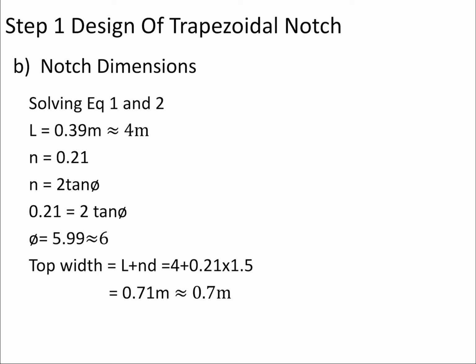We got L is equal to 0.39. We approximated it to 0.4 meter, and N is equal to 0.21. Substituting that value, we can find out the theta, which is taken as 6 degree. So we can find out the top width, right?